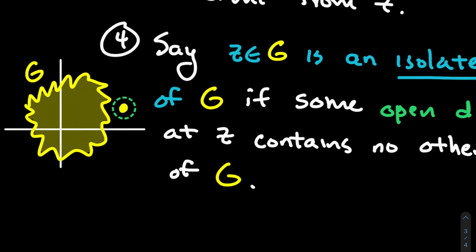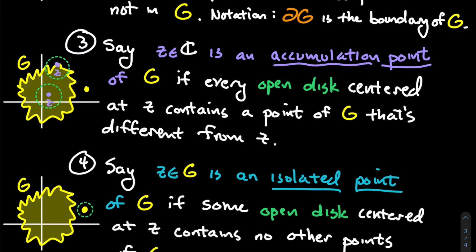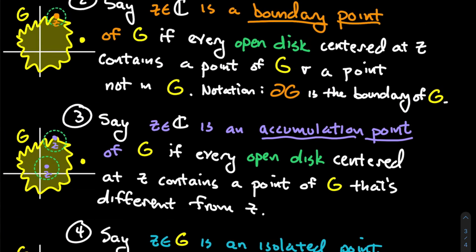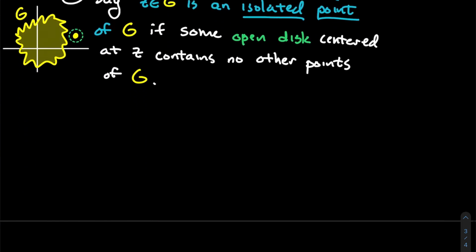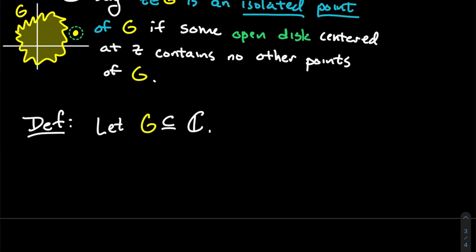So remember I told you that little dot, I defined it to be part of G, and so it's an isolated point of G because I could put some disk around it that separates it from G. So again, keep your quantifiers in mind. You just have to be able to find a disk that separates it from G. Whereas with accumulation points and with boundary points, you're thinking about every disk having that property in the definition. So keeping those quantifiers in mind is important.